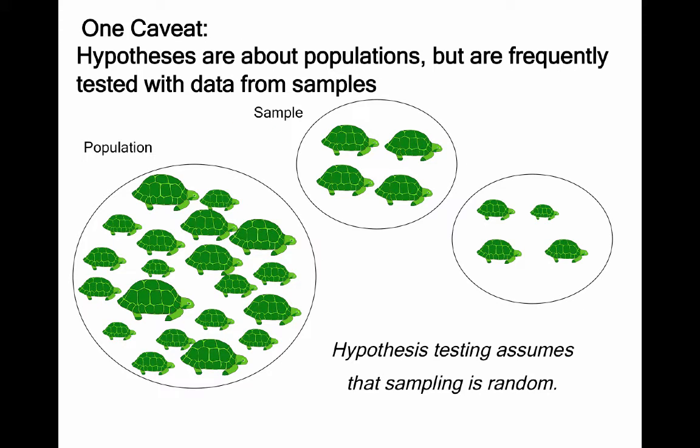One thing we have to think about, though, is in hypothesis testing, we're working with the sample, the little group of guys over here, but we're really trying to find out what's going on in the population. The thing we have to keep in mind is that any sample is going to differ slightly from the population.